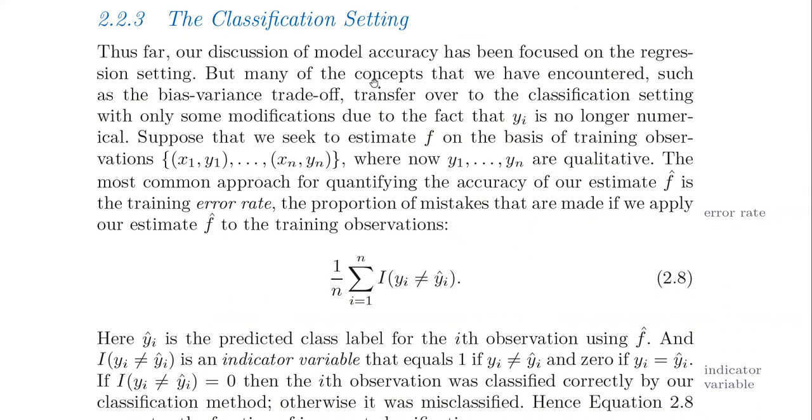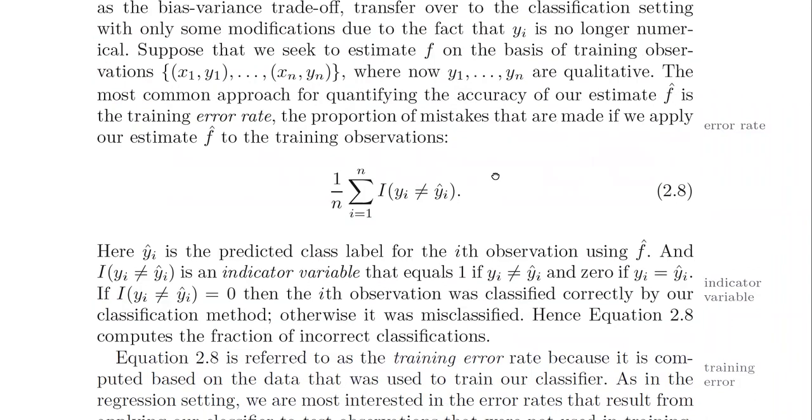And the great thing is that these concepts apply to both settings, both regression and classification. So look, we have a very, very similar formula. I'll explain what this is doing. It's called an indicator. It tells you if yes, it gives you 1. If no, it gives you 0.